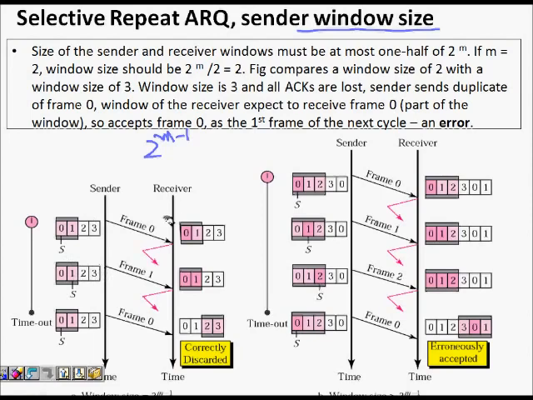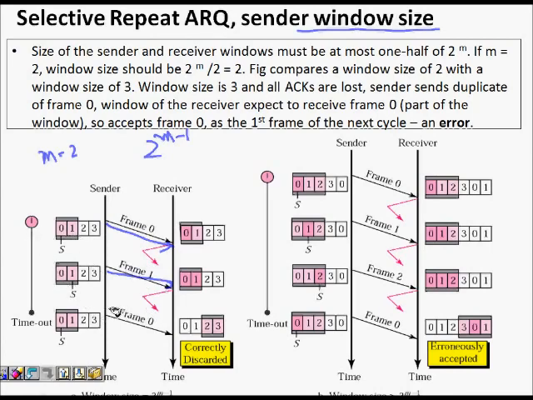I have m equal to 2, so the window size is 2. I send a frame, and let's say all the acknowledgements are destroyed. I send frame 0, the acknowledgement does not come, but I can send frame 1 because of the window size.